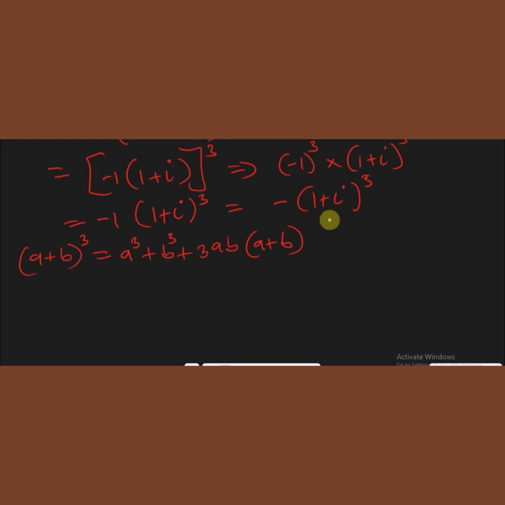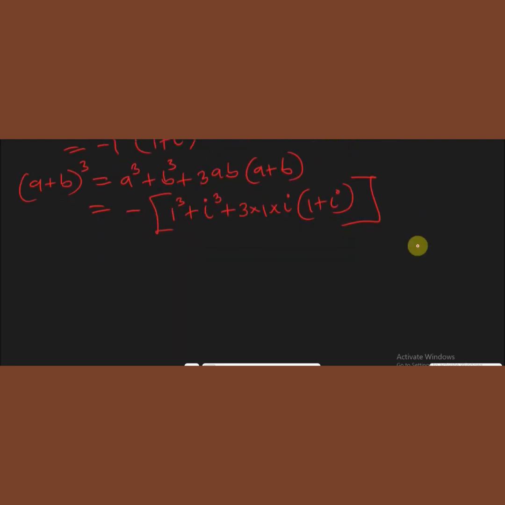So now for me to use it to expand this, that means here a is 1, i is b. So it's going to be, I'll put my minus sign, put bracket here. I'll put 1 cube plus i cube plus 3 times 1 times i bracket 1 plus i bracket close. So this is how to actually expand the bracket.